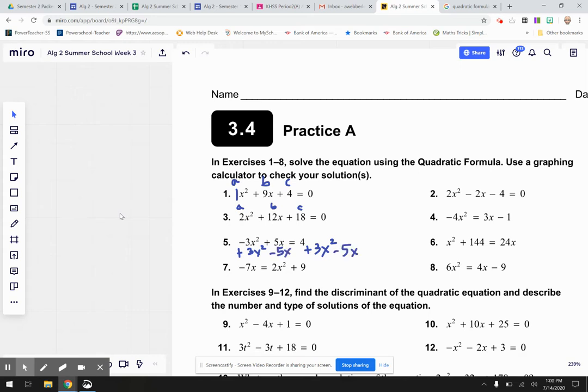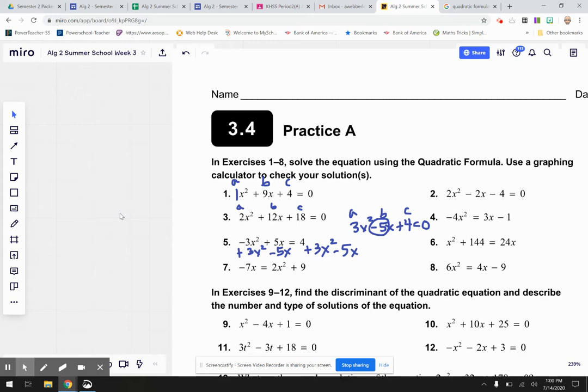So you would have 3x squared minus 5x plus 4 equals 0. Now you have your A, your B is negative 5, and then C is 4. Okay, so that would be the best. The general rule is that A should be positive. It will help a lot if A is positive.